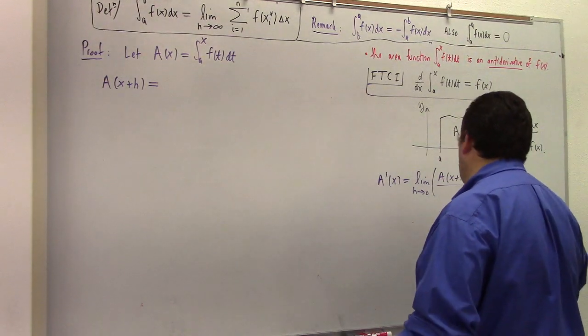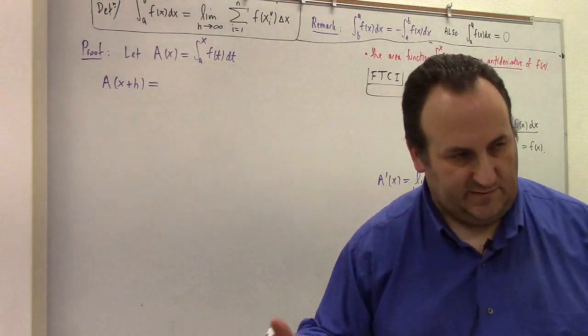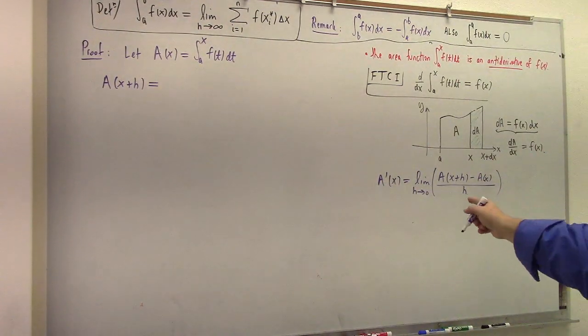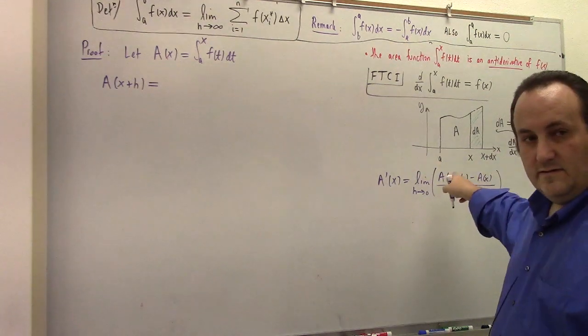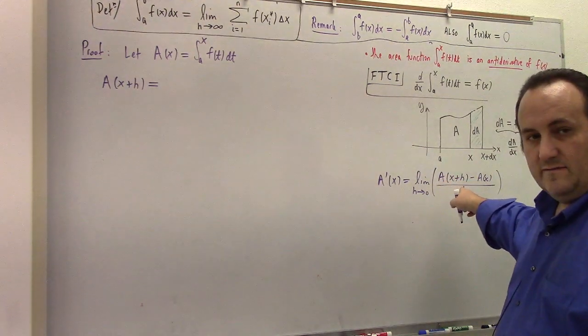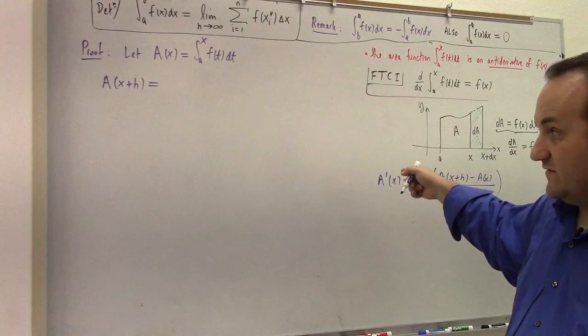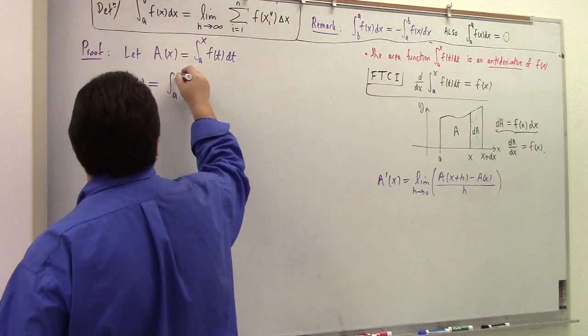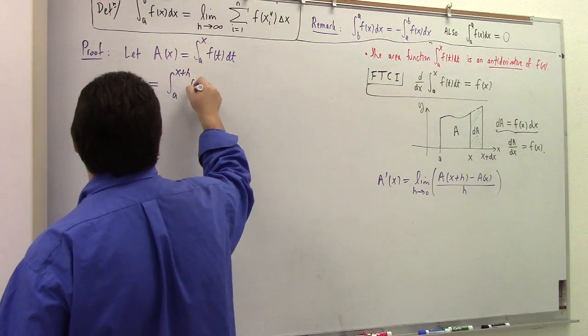This is not part of the proof, I'm just giving you a sidebar. This is why we're doing what we're doing, because our goal is to calculate this limit. So to do that, we need to figure out what A of x plus h is. Well, that's the integral from a to x plus h of f of t dt.